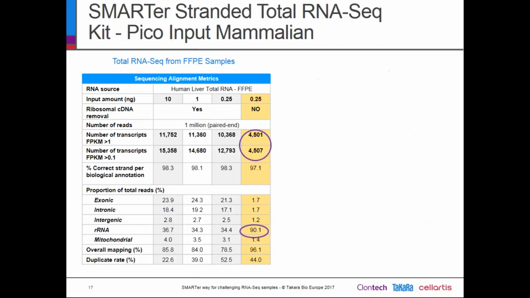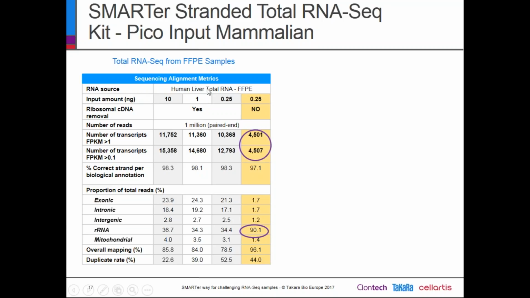This can also be important when we are working with more challenging samples like FFPE, which are degraded, and also depending on the tissue, sometimes the level of ribosomal RNA can be very high.